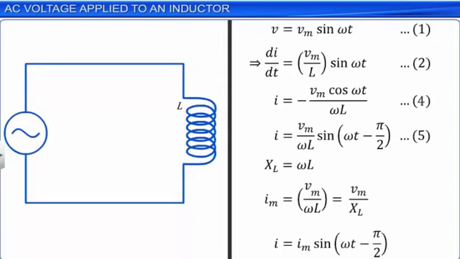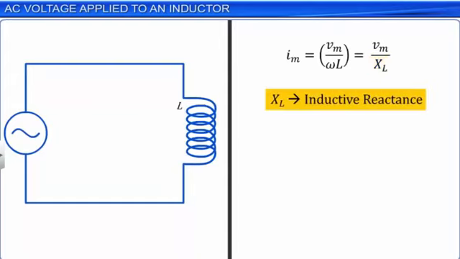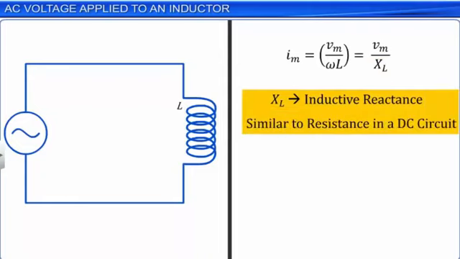The expression we used earlier for Im implies that the value of current in comparison with the value of voltage is limited by the denominator, which we call the inductive reactance of the circuit. This, by analogy for a simple resistive circuit, can be considered an equivalent to resistance.